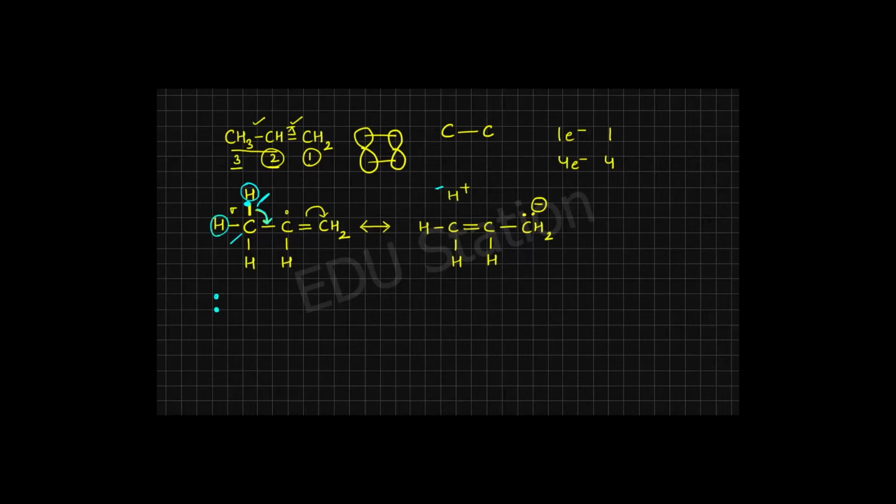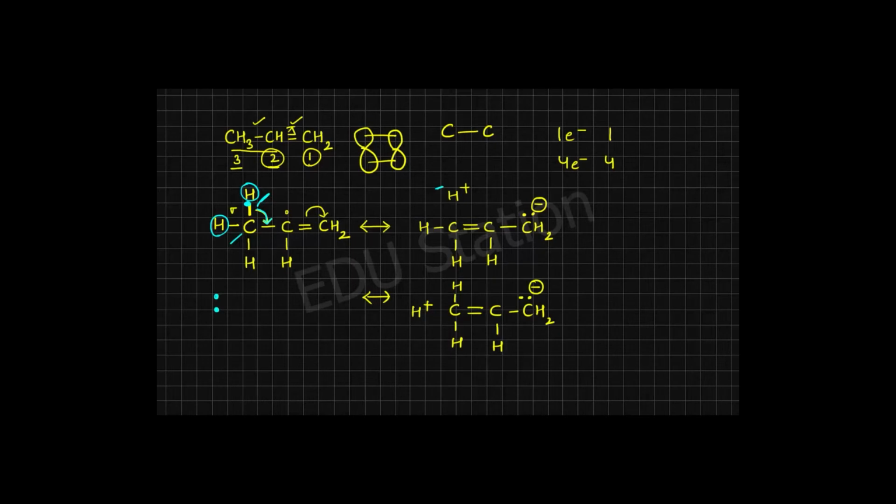Then our structure would have looked like this: C, H plus, H, H double bond C H, CH2 lone pair negative.